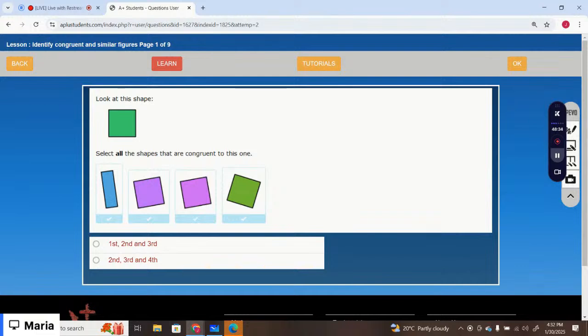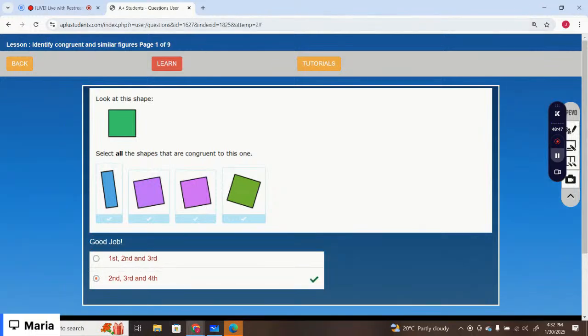Look at this shape. Select all the shapes that are congruent to this one. That is second, third, and fourth. Option number 2 is the correct option.